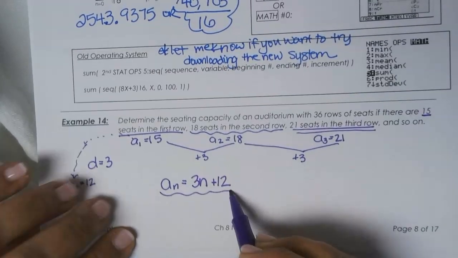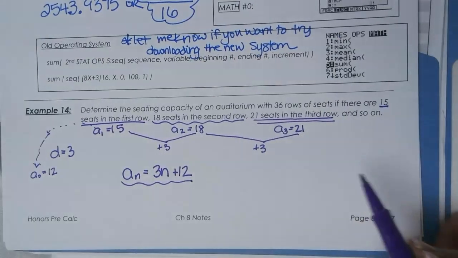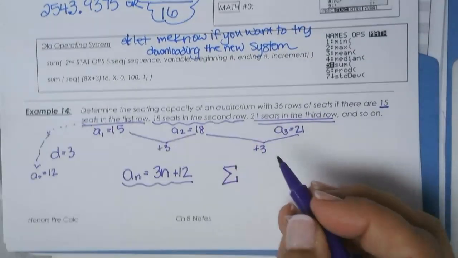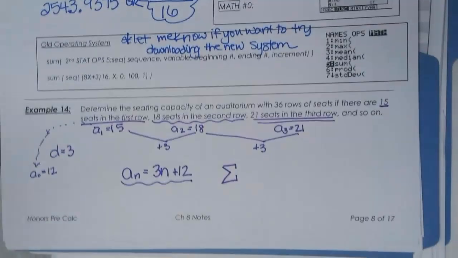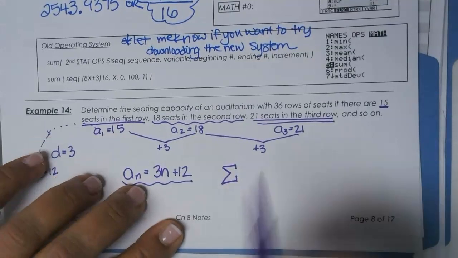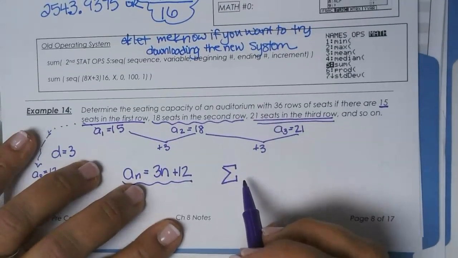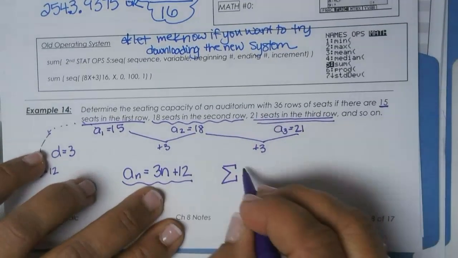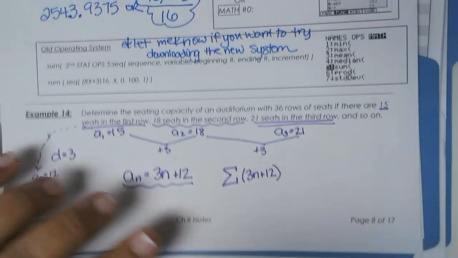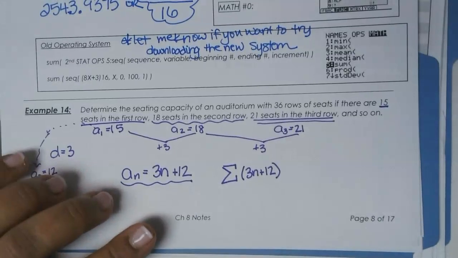Okay. Now it wants the summation, so let's think about maybe putting that idea in summation notation. And that's another goal of this section, you guys, is to be able to put things into summation notation. And so since we know that this is our rule, we're going to put 3n plus 12 as our specific rule.